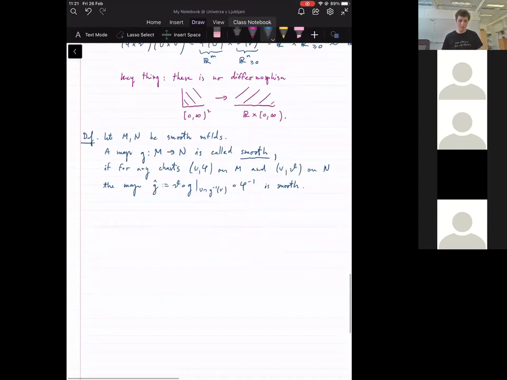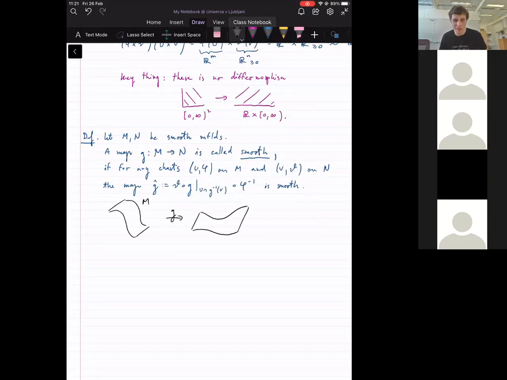Okay, so let's draw a picture here. Let's say this is a manifold M, right? And now we have a map G, and we have another manifold here. These surfaces are always the same for me.